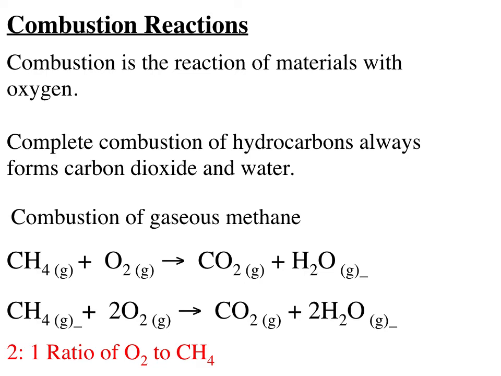And of course, now what that does is it makes a total of 4 O's on the right, so that instead of making an O4 as a reactant, I will have 2 O2 molecules reacting with my methane. More importantly, what I see in the complete combustion of methane is I get a 2-to-1 ratio of oxygen to fuel.